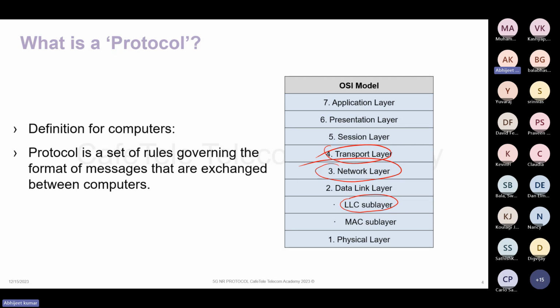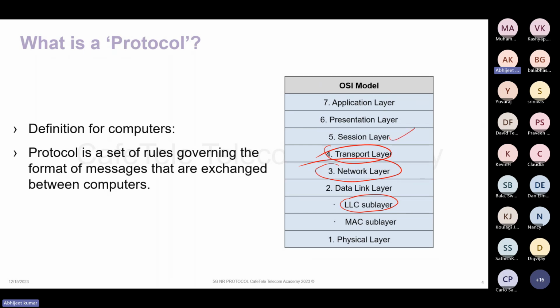It means it is responsible for end-to-end error recovery and flow control. We can say that it's like the radio link control layer, because here we make sure the data that is delivered must be error free, in sequence, and there is no loss or duplication.